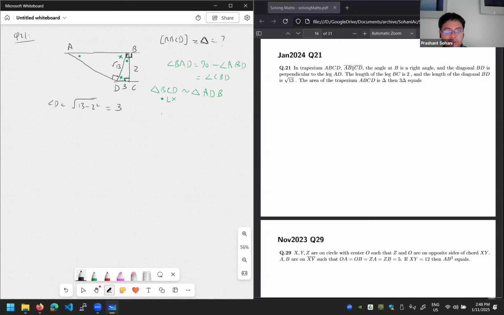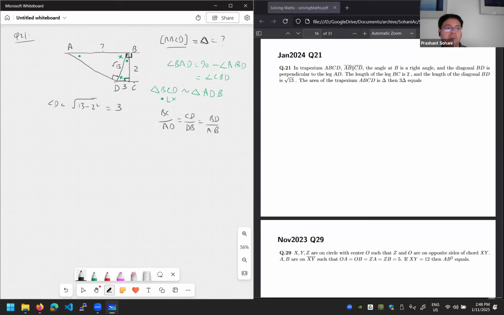So therefore, now if I write ratios of the sides, I'll get BC upon AD. Okay, and so this should help me to find the remaining sides. For example, I want to find AB, and actually I don't need AD. AD is not important. What I want to do is find the area of the trapezium.